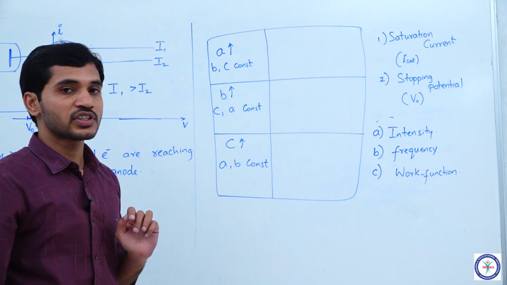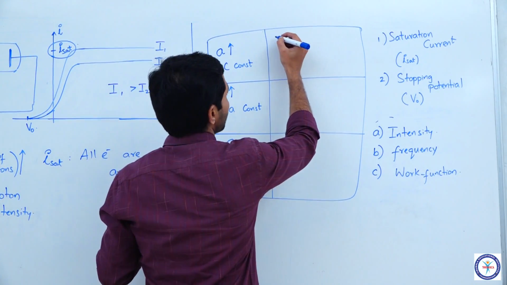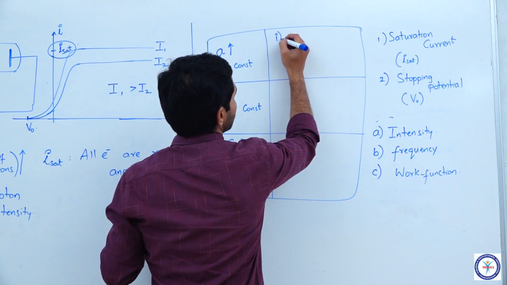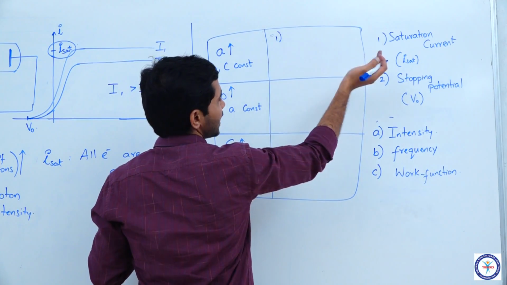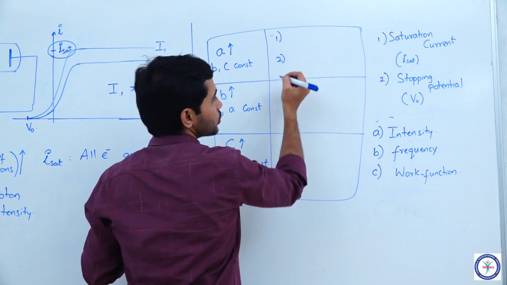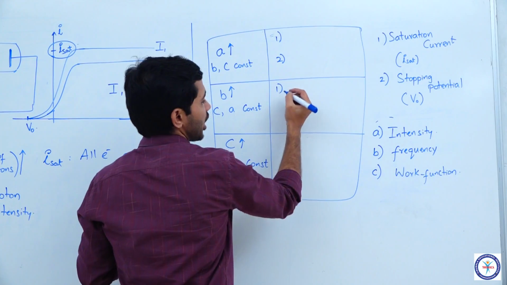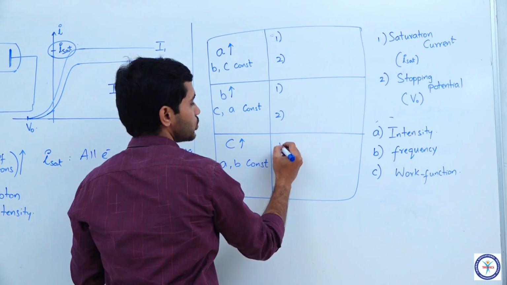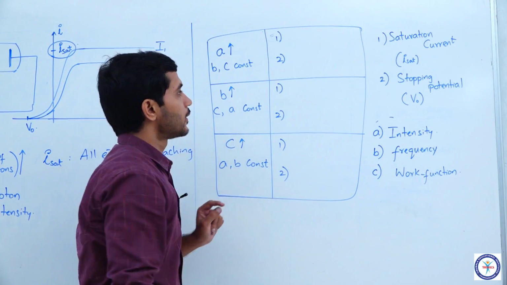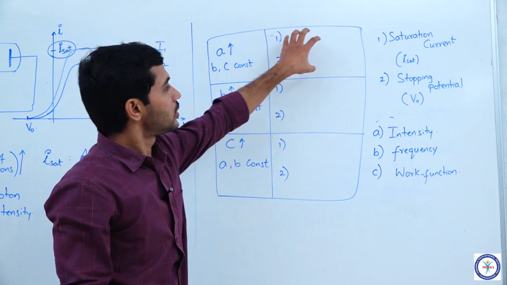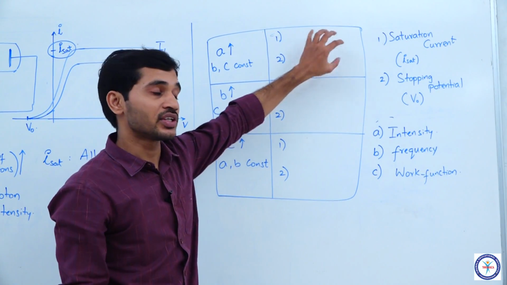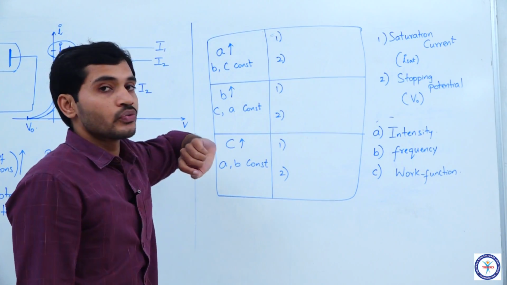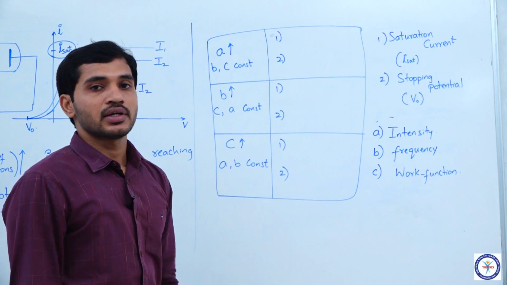Now in each of these three cases, I want you to think about what happens to 1, the saturation current, and what happens to 2, the stopping potential. So these are the conditions. You will have to find out what happens here. You can stop it here and think and answer it.